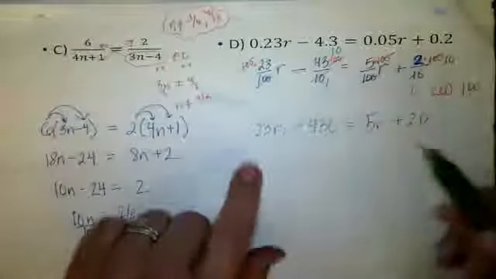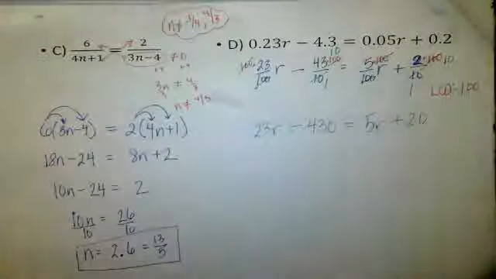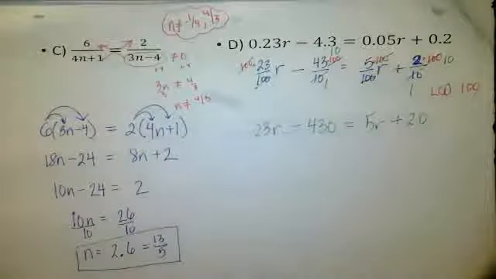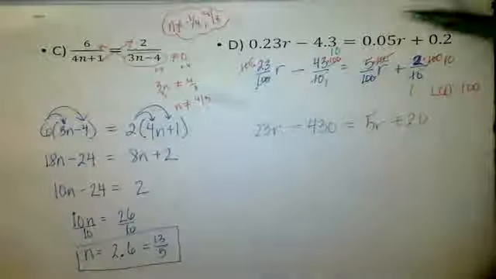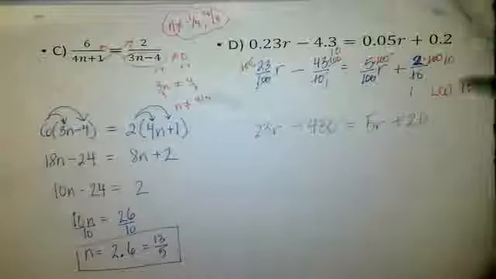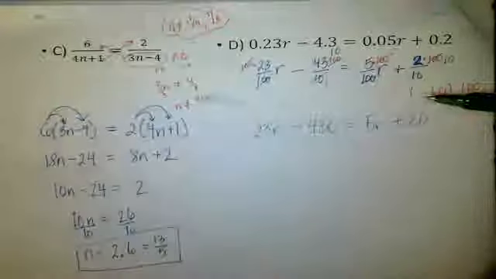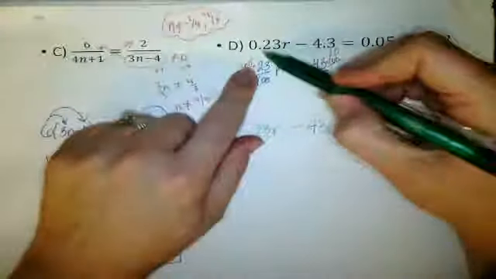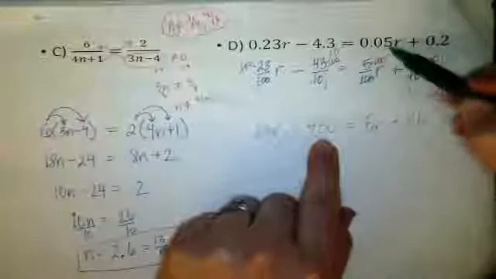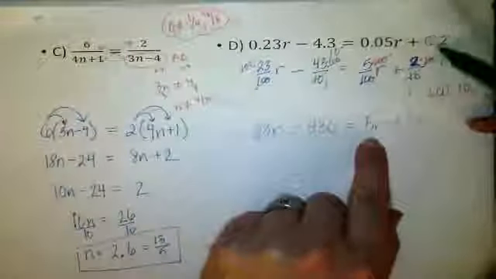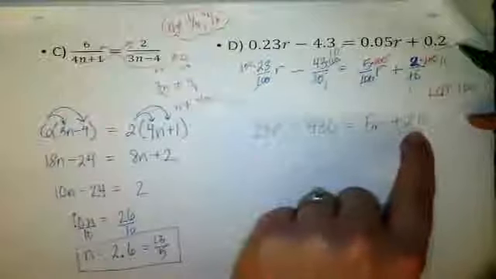Which is fantastic. The reason I like to show that is because so many students that I've seen through the years, their teachers just tell them, just move the decimal. Just move the decimal 2 places, right? 2 places, you get 23R. 2 places, you get 430. 2 places, you get 5R. 2 places, you get 20. All right?